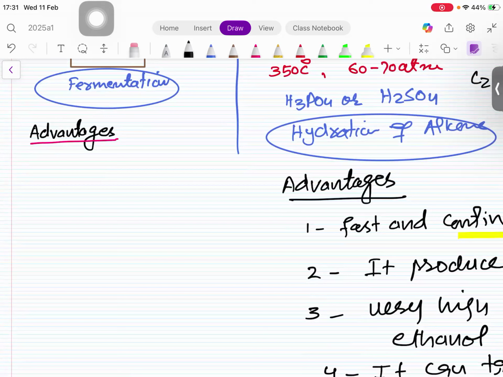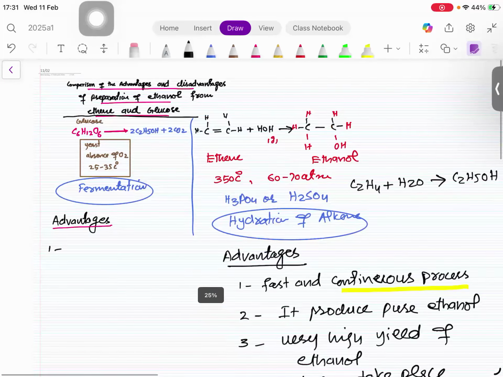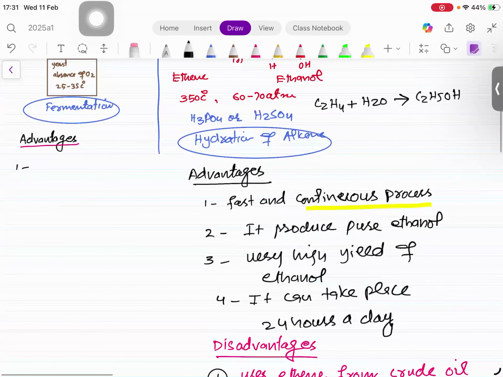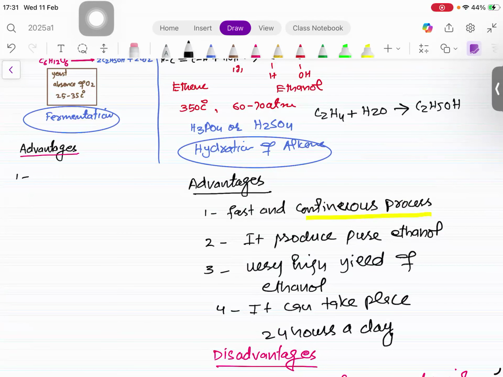The first and foremost advantage is, sorry, the third advantage: very high yield of ethanol. The product ethanol that is formed is formed in a very large amount.